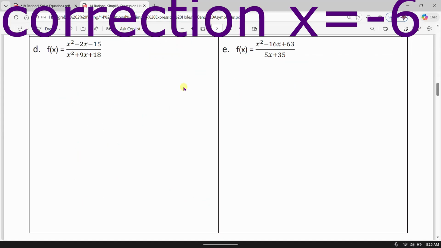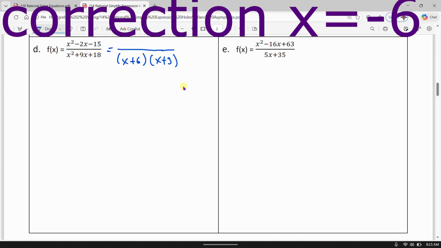So now we have the rational functions. Now let's just find the hole by factoring this first. So here I'm going to factor this. On the bottom, it'll be x plus 6, x plus 3. 3 times 6 is 18, 3 plus 6 equals 9.